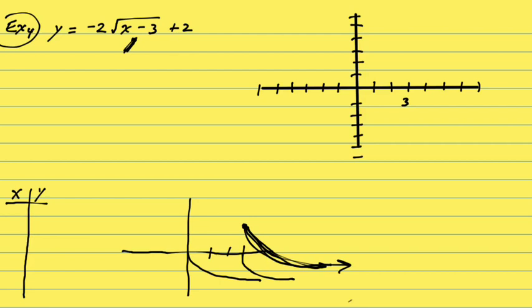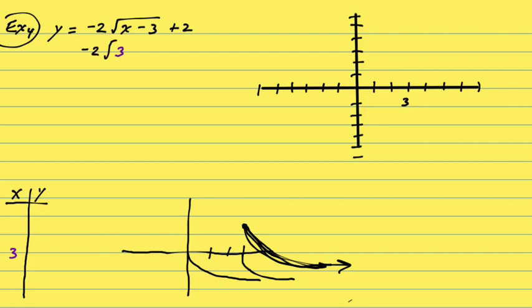You can always get it by graphing by an x, y table. I recommend that you make what's underneath the radical, called the radicand, equal 0. If you make the radicand equal 0, what would x equal? 3. And that's what I always put in the middle of my x, y table. So if I put a 3 in, what do I get?